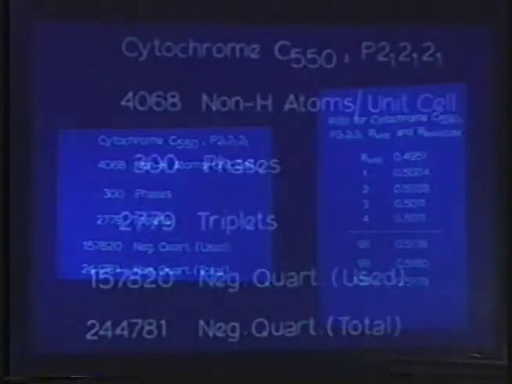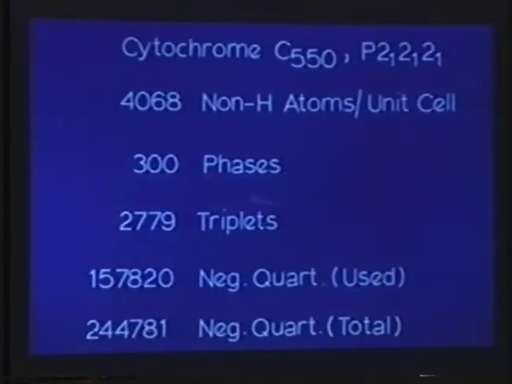There are some 4,000 non-hydrogen atoms in the unit cell. The basis set of phases is 300 in number. 2,700 triplets can be generated. 244,000 negative quartets, of which we've used only 157,000, simply to save on computing time.